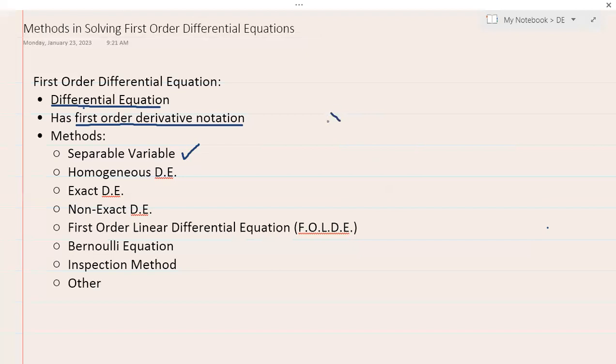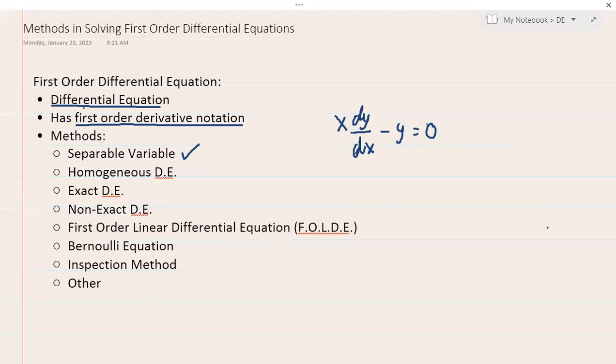Let's just say yung kanina, x times dy over dx minus y is equal to 0. So ito, homogeneous 'to. Bakit? Kasi dito, on the right side, it is 0. Yun yung tinatawag natin na homogeneous differential equation.